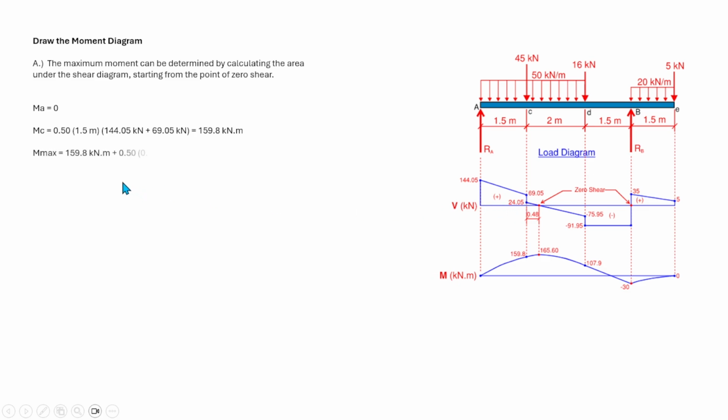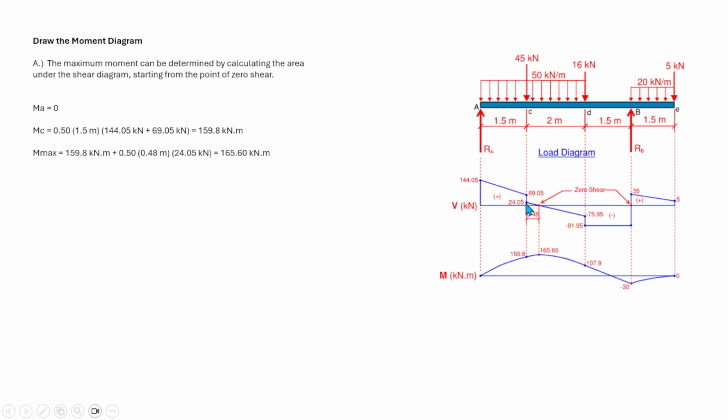The moment at point C is equal to the area under the shear diagram, which is 0.5 times 1.5 times the average of 144.05 plus 69.05, because this is a trapezoidal load. That is equal to 159.8.